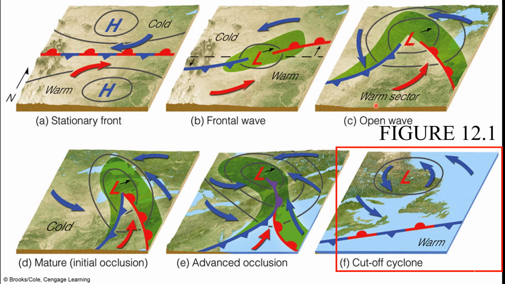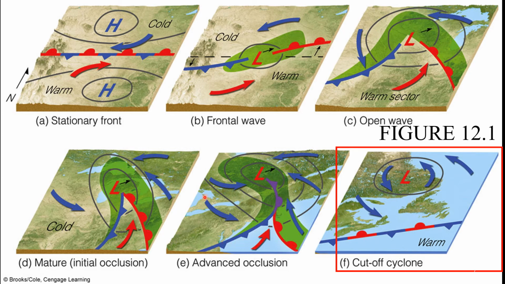Then it moves to an open wave and creates a warm sector, the warm air between the cold front and the warm front. This warm sector is the fuel of the mature initial occlusion of the cyclone, and then this low pressure intensifies and advanced occlusion happens.